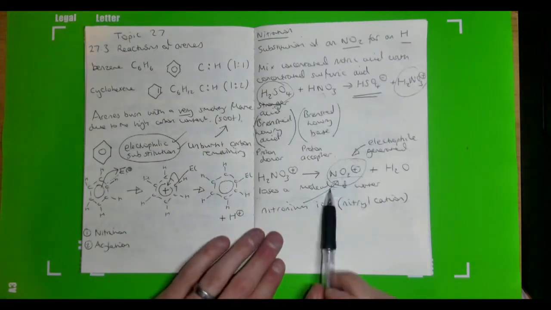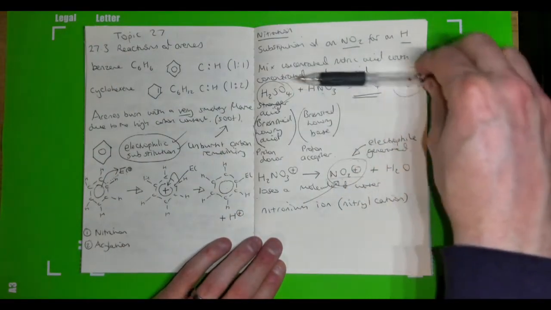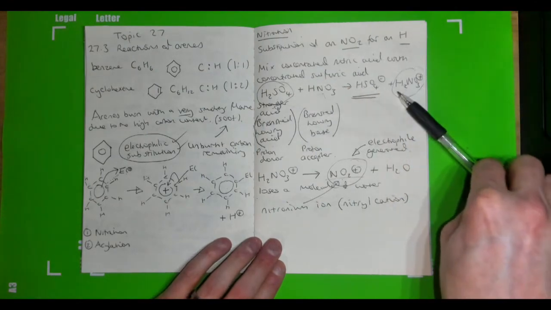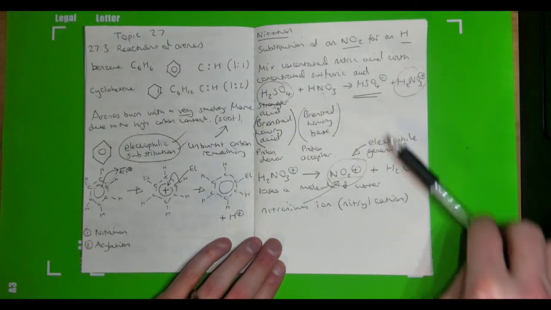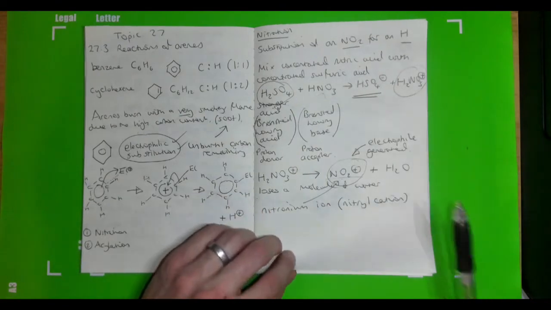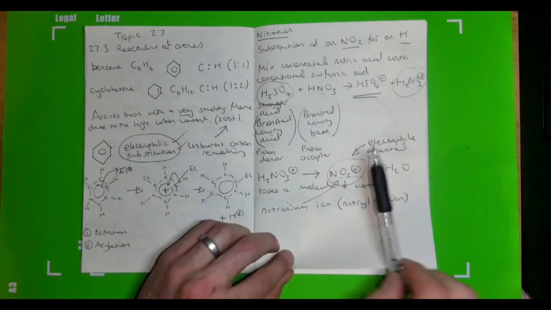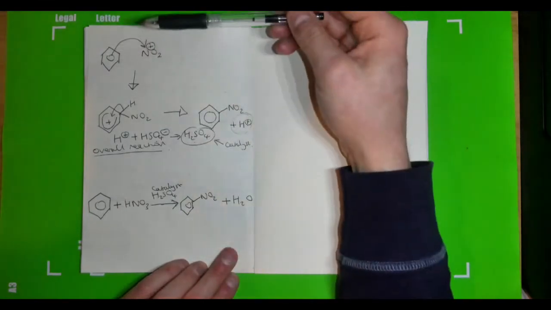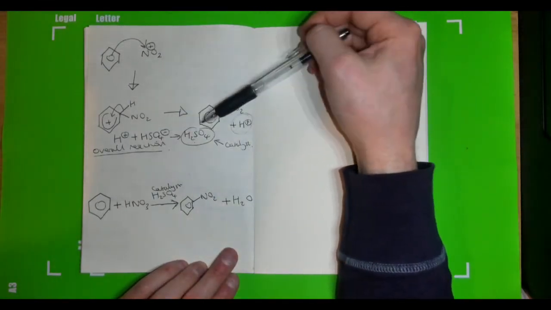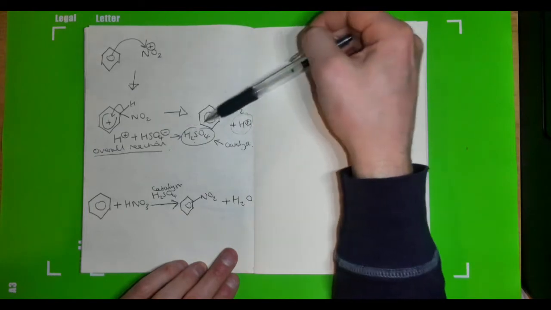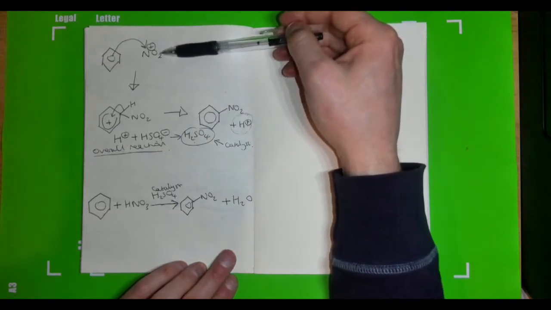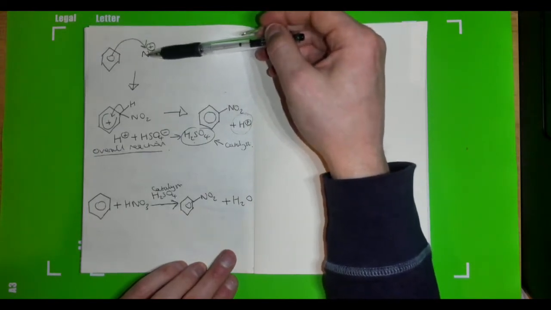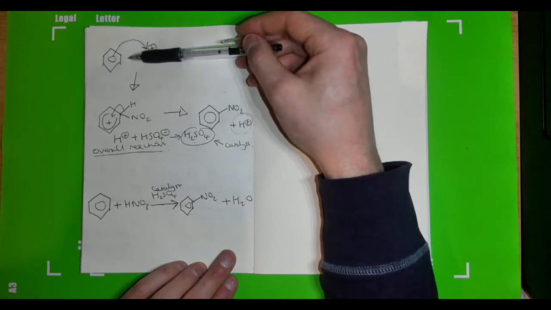In general, what we've got here is we are generating the electrophile in two steps. This one and this one. And the water is a byproduct. And then you've got a two-step mechanism involved in the arene. The first step is the electrophile being attacked by the delocalized ring system.